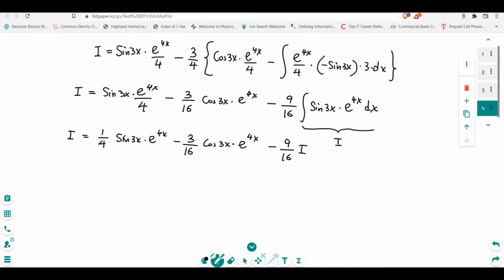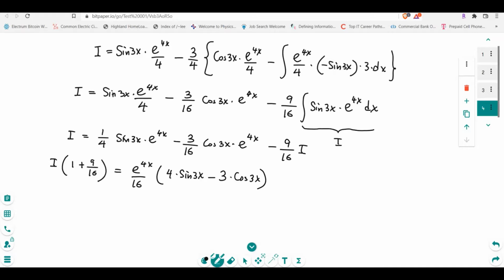So then I can factor out I. I'll have 1 plus 9 over 16, and on the right hand side I'll have several common terms. I can pull out e to the power 4x over 16, and then I will have 4 times sine 3x minus 3 times cosine 3x.